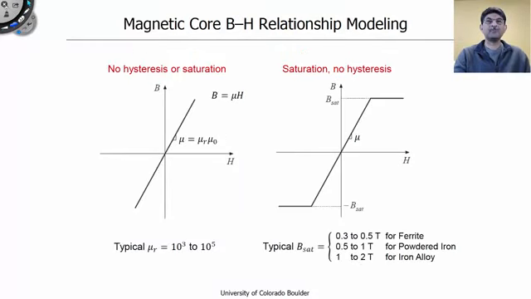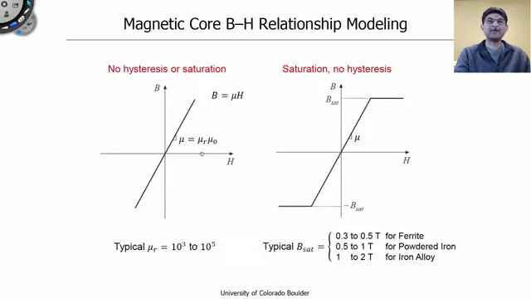For the purpose of analysis of magnetic devices, we can use approximations to the actual BH curve of a magnetic material. In a simple model, we can ignore both hysteresis and saturation and simply model B being equal to the permeability mu times H. Often the permeability is expressed in terms of a relative permeability times the permeability of free space.